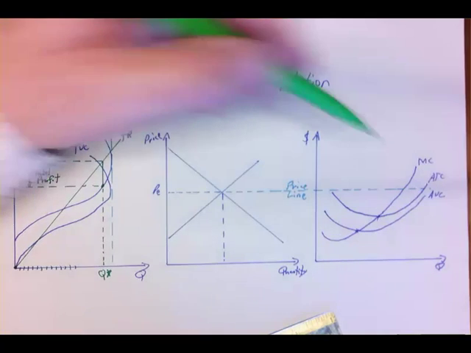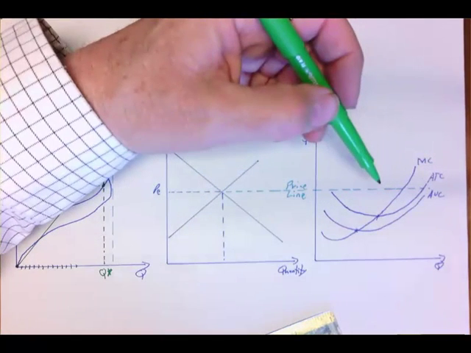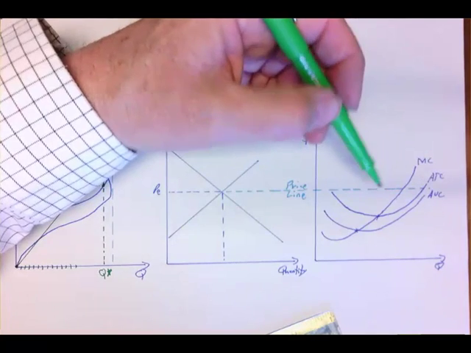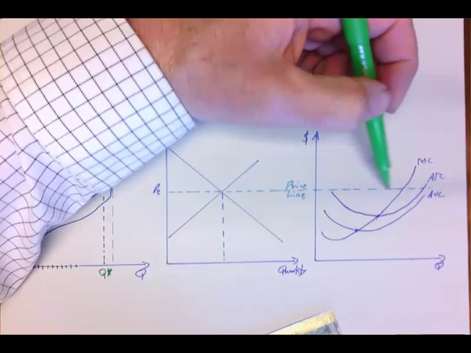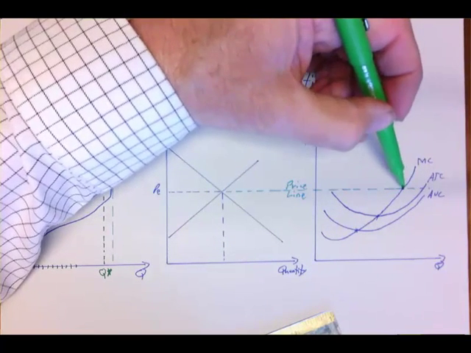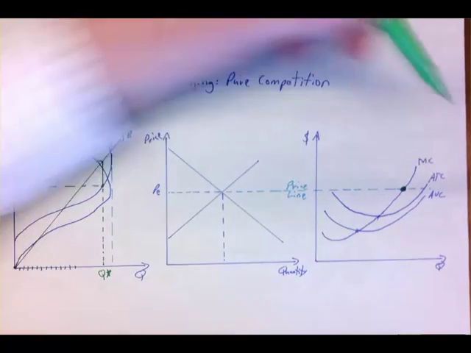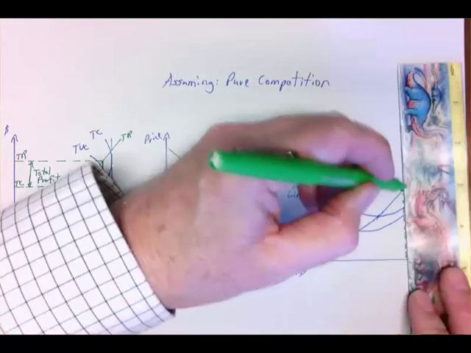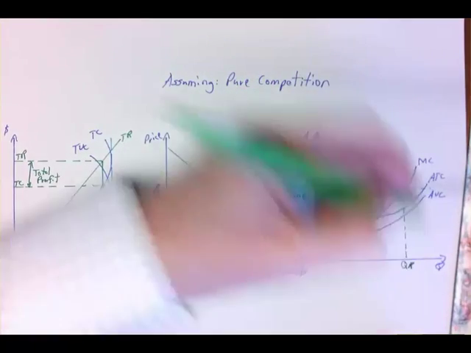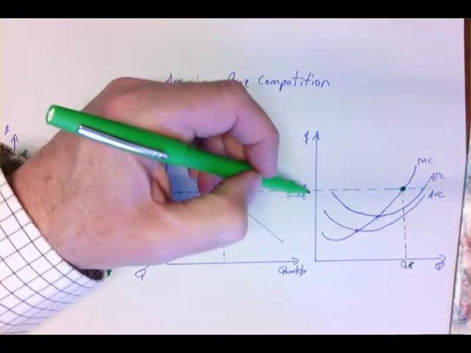Now in this picture over here, the way we find the profit maximizing output is we just take the price line across until it hits marginal cost, and then we bring that value down, and this would be Q star. And then of course this is the price line, we've already marked it.